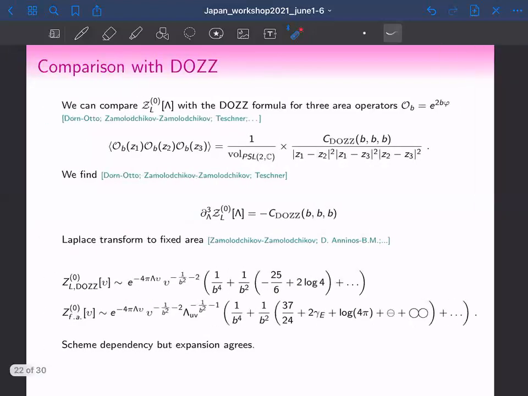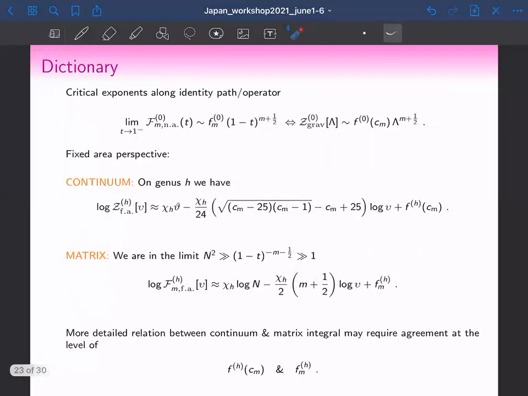Very good. Now let me give you the dictionary again. I started by telling you there's this conjectured duality between matrix integrals and 2-dimensional quantum gravity, and I showed you these critical exponents, which are the critical exponents for the identity operator. We had this identity path in the matrix integral leading to the multi-critical point with a specific critical exponent, 7/2 or 5/2 for the Yang-Lee or M(3,2) model.